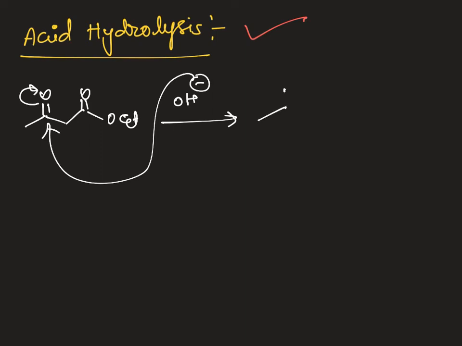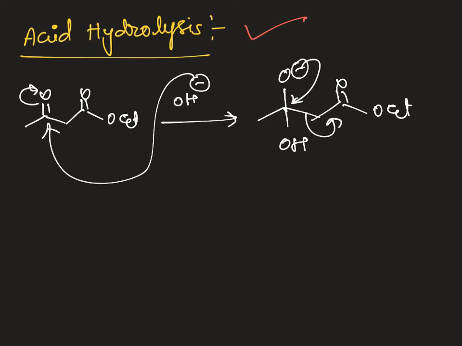It will come and attack the carbonyl carbon and form an addition product. With the negative charge, cleavage will take place and we get one molecule of carboxylic acid, and another one is CH2 minus COOEt.